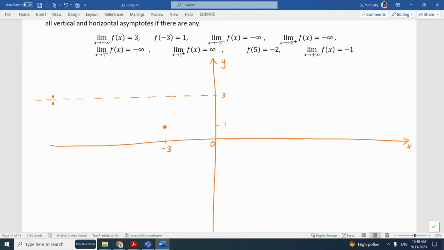Bottom. Okay, where's -2? Kind of like here. And we have a vertical asymptote here. So draw a dashed line to indicate we have a vertical asymptote.